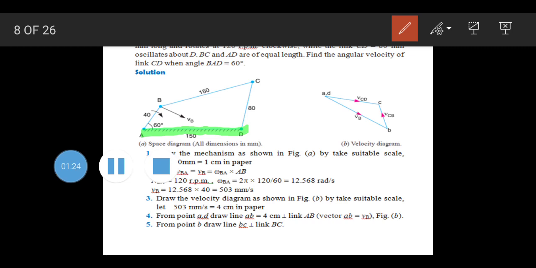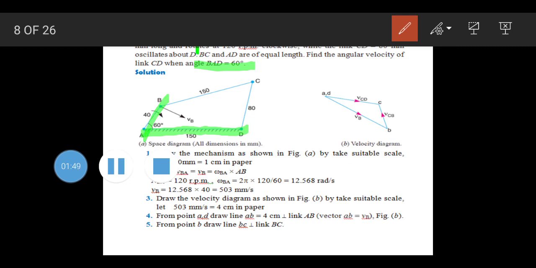If we are taking 1 centimeter equals to 10 units, AD will be 15 centimeter. In the same way we will take the next point, that is angle BAD, which is given as 60 degree. Already we have the AD point, so angle BAD will be 60 degree according to the given data.